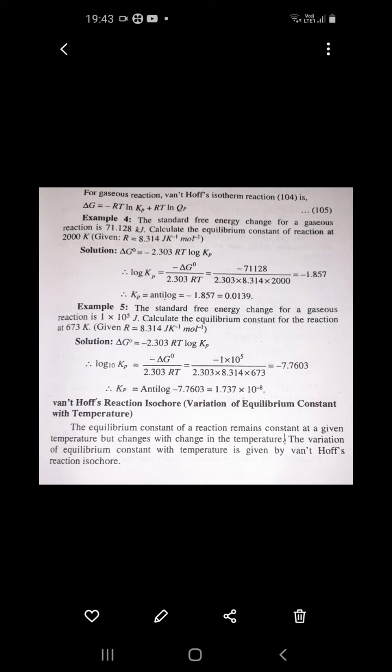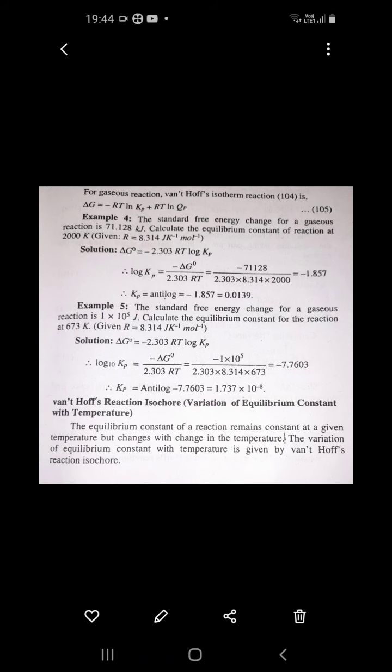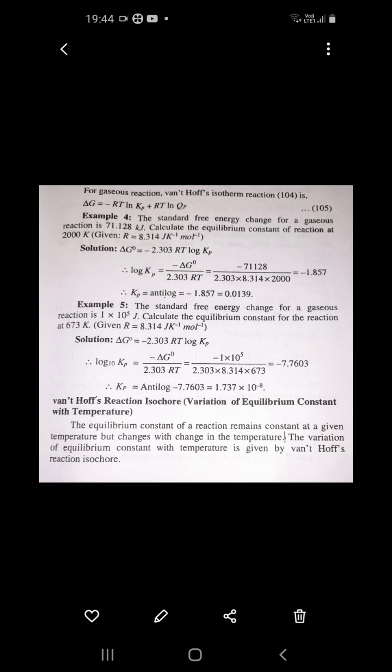This equation is very important from the examination point of view. In this equation we saw how free energy change is related with Kp and Qp.